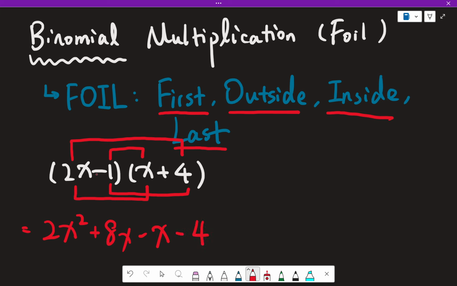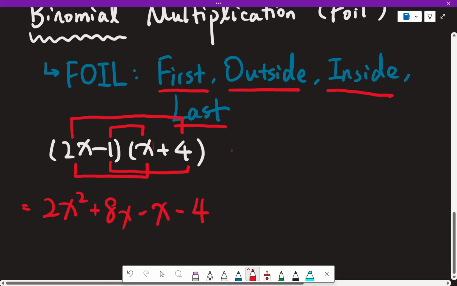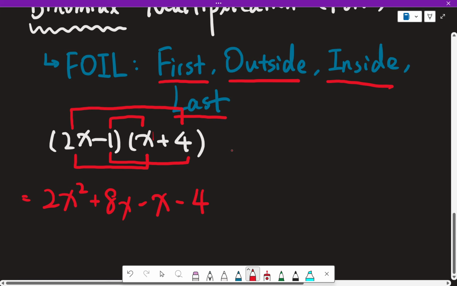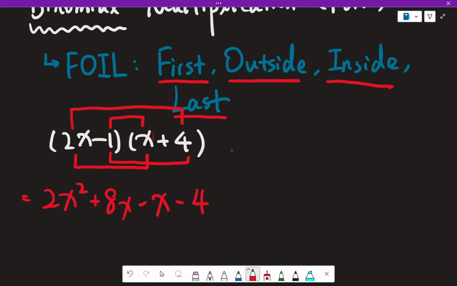So first, outside, inside, and last. Multiplying the terms in that order gives us a 4-term addition. So we can combine like terms, and this would be the result of this binomial multiplication.